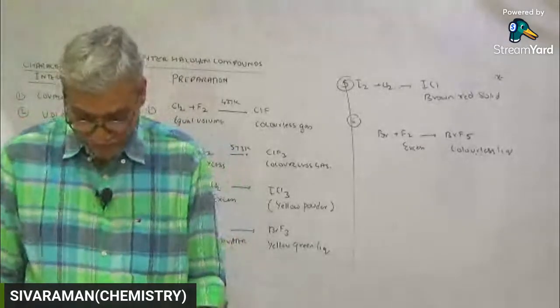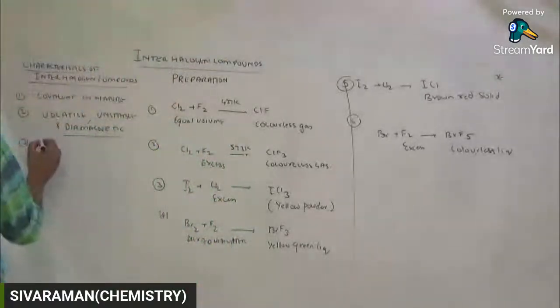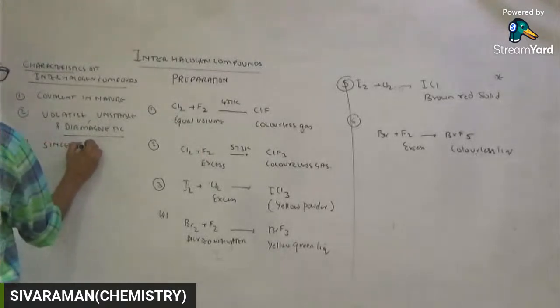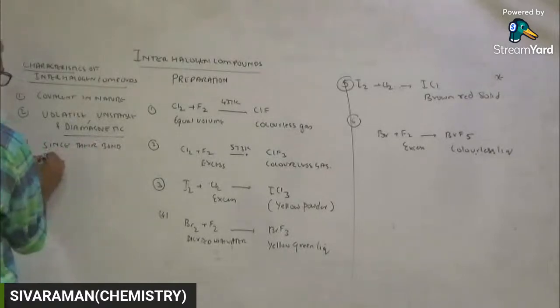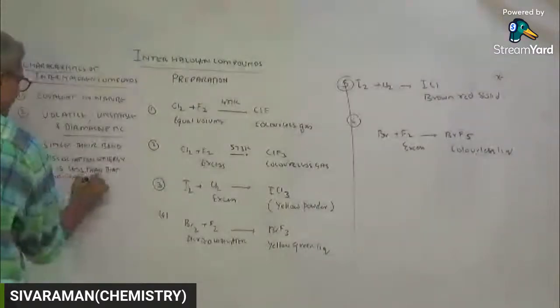Then their bond energy is very less than halogen, since their bond dissociation energy is less than that of halogen. So what is going to happen? They are more reactive than halogen.